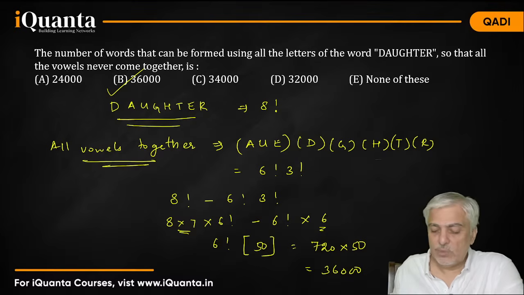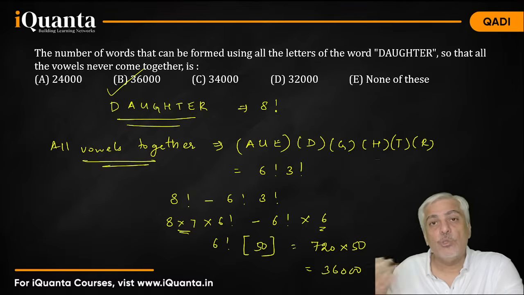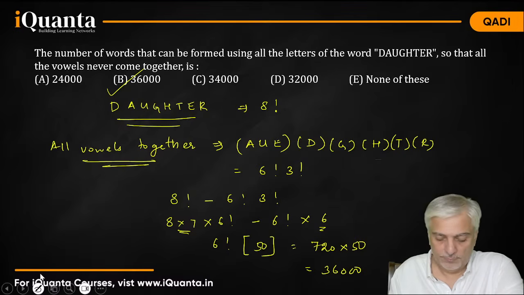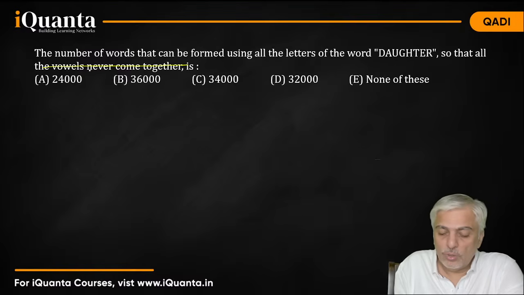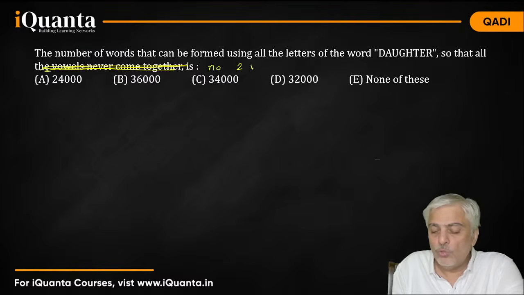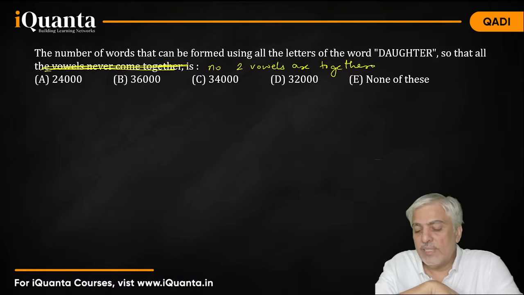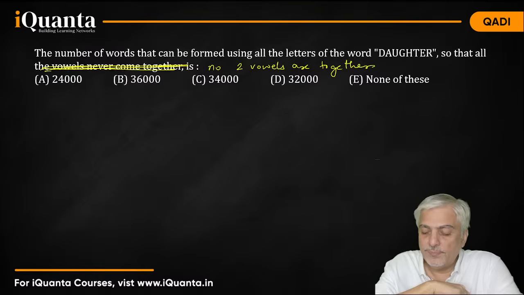Okay, so if you are clear with this question, I'll make a change in the question and make a new question, such that no two vowels are together. In how many ways can you arrange the letters of the word daughter so that no two vowels are together? Come on, try this one.